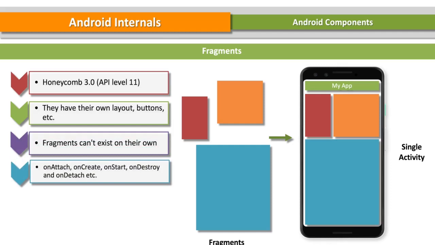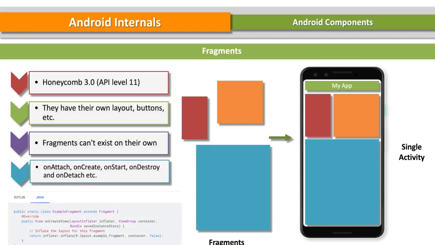These event managers include onAttach, onCreate, onStart, onDestroy, and onDetach. There's a few more. Now, we didn't use fragments in our quiz game, but it can be easily implemented by extending the fragment class provided by Android like this. Fragments don't need to be declared in manifest files because they depend on activities.